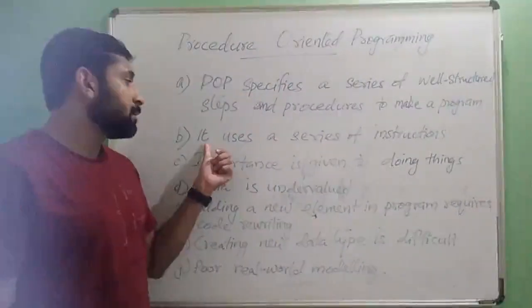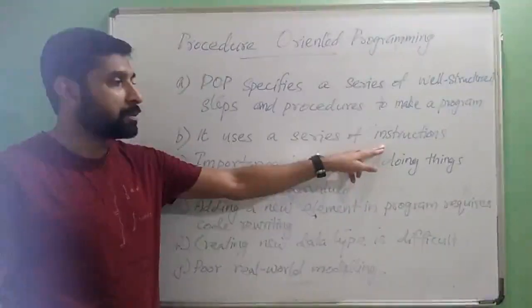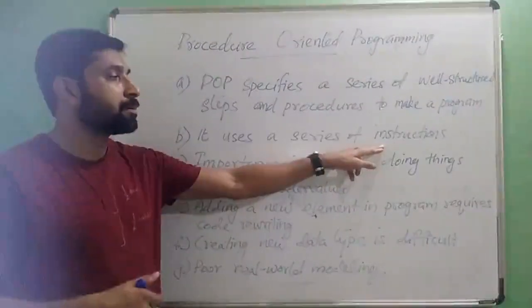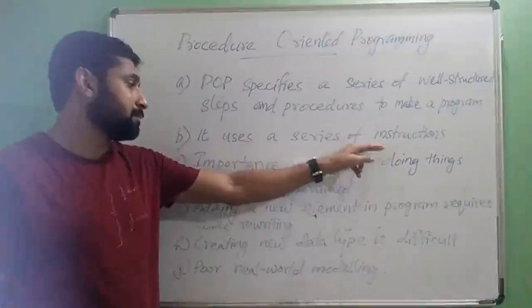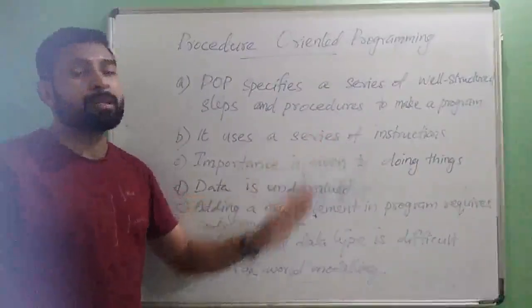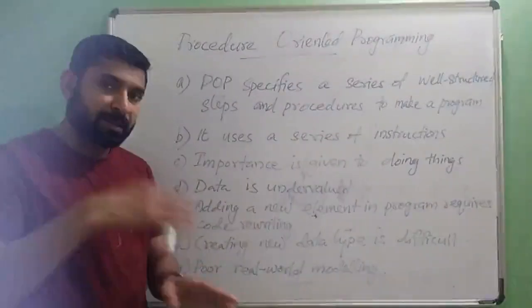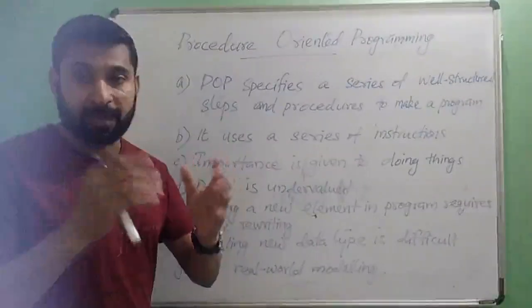Then the second one, it uses a series of instructions. Instructions are written, or programming code is written, one after another. Then importance is given to doing things. The other part is that importance is not given to the safety of data.